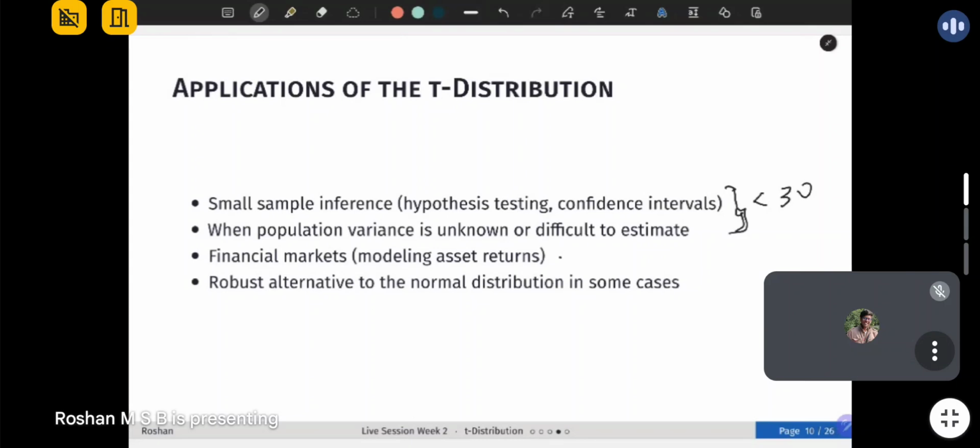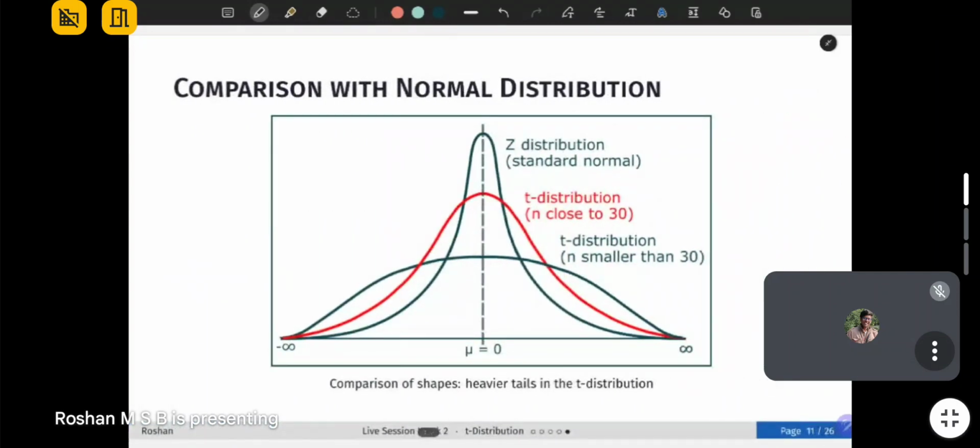In other cases, like financial markets, you can use it. It is a robust alternative since it's closer to real world applications in case of small samples and unknown population variance. Can we say this way, the lesser the sample size, the more accurate the t distribution will be? Yes. Okay.